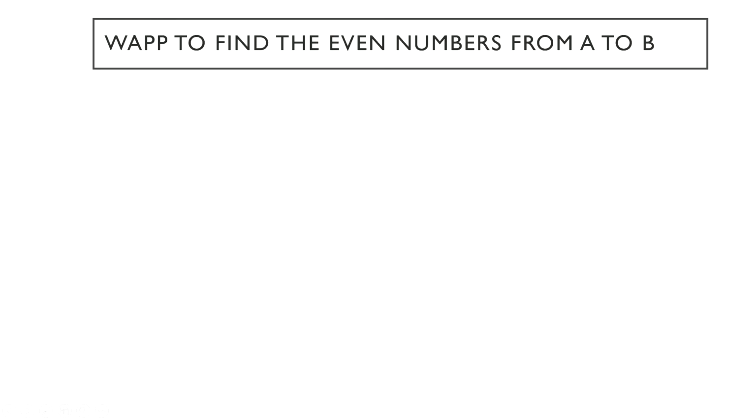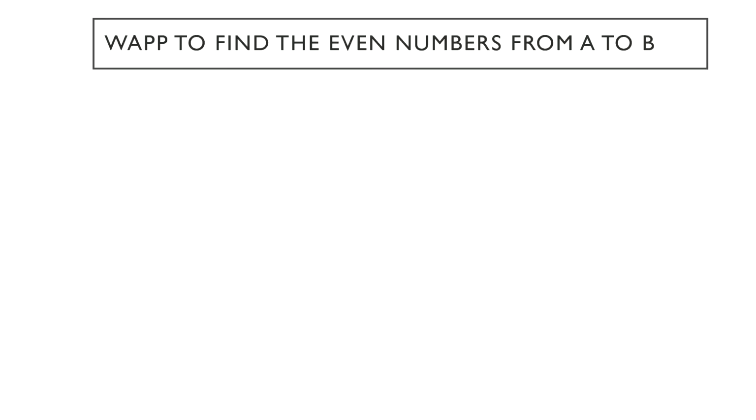So here you see, the question is: write a Python program to find the even numbers between A and B. So starting from A till B, it might be 2 to 10, it might be 4 to 6, 4 to 12, 5 to 16, 5 to 17, it might be anything. We do not know about A and B. In that case, what do we need to do?